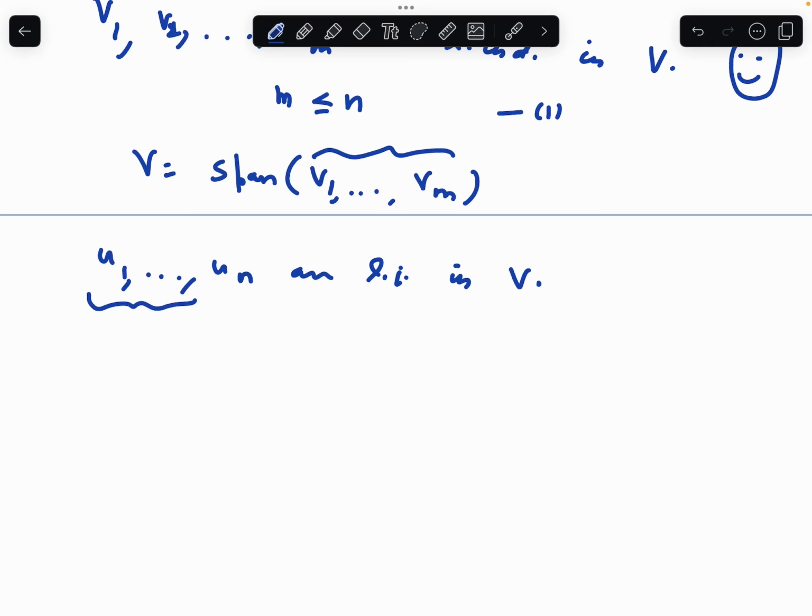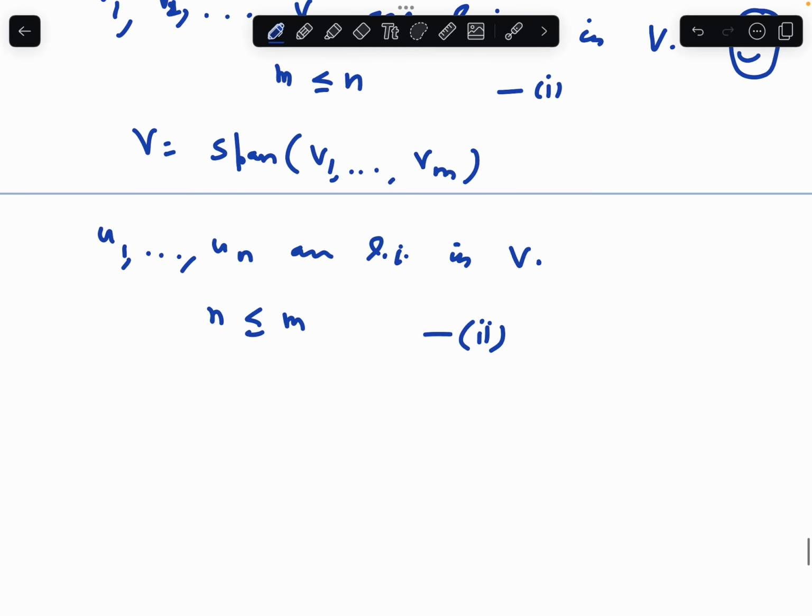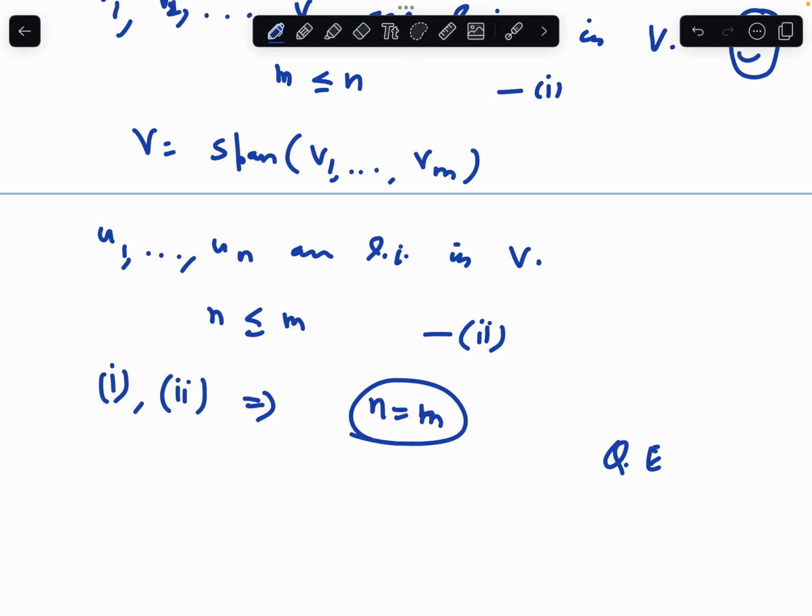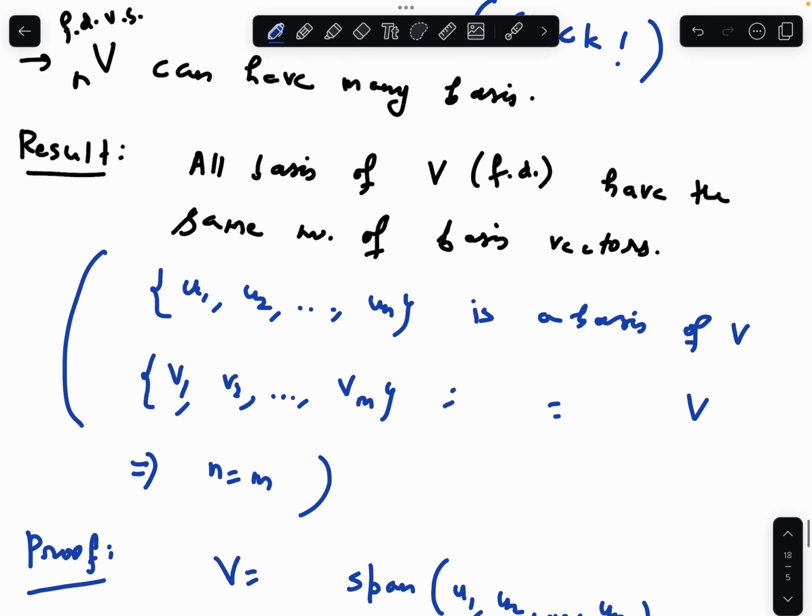How many of these are here? m. So using that result, n is less than or equal to m. This is our second equation. Use equations 1 and 2 and tell me what you get. So 1 and 2 give n equal to m, right? This was easy, wasn't it? That is, all bases of V have the same number of basis vectors.